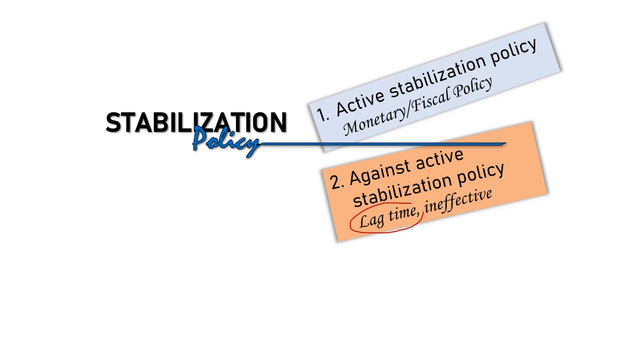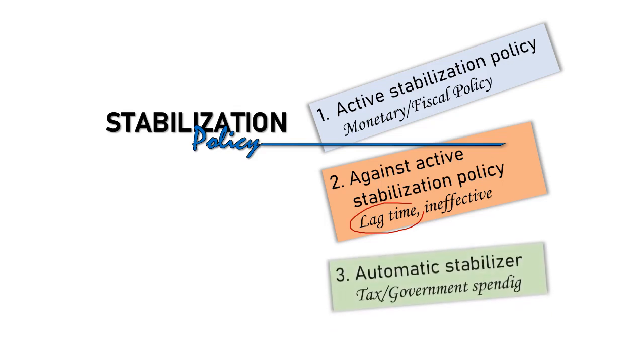Therefore, monetary policy ends up being a cause of, rather than a cure for, short-run economic fluctuation. Lag in fiscal policy, on the other hand, is largely attributable to the political process, because the policy usually needs approval from the legislature.